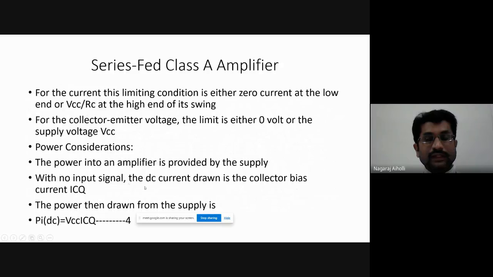With no input signal, the DC current drawn is the collector bias current ICQ.